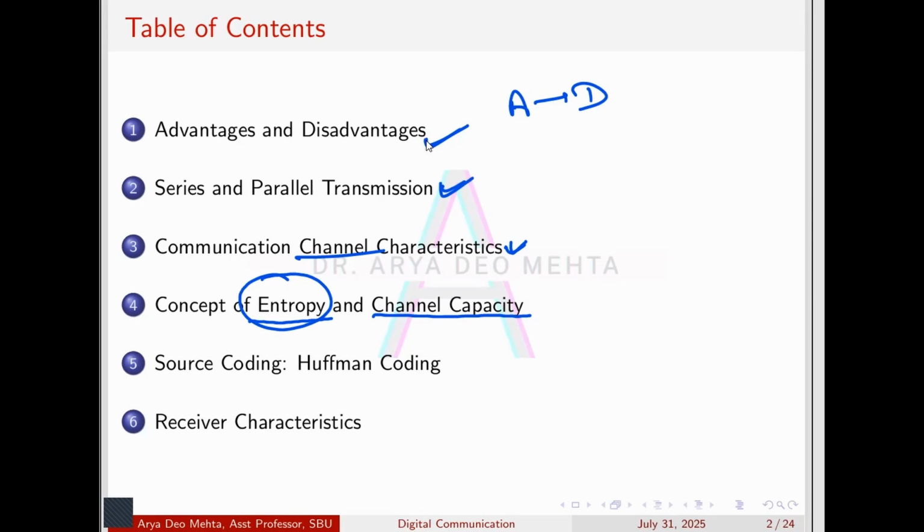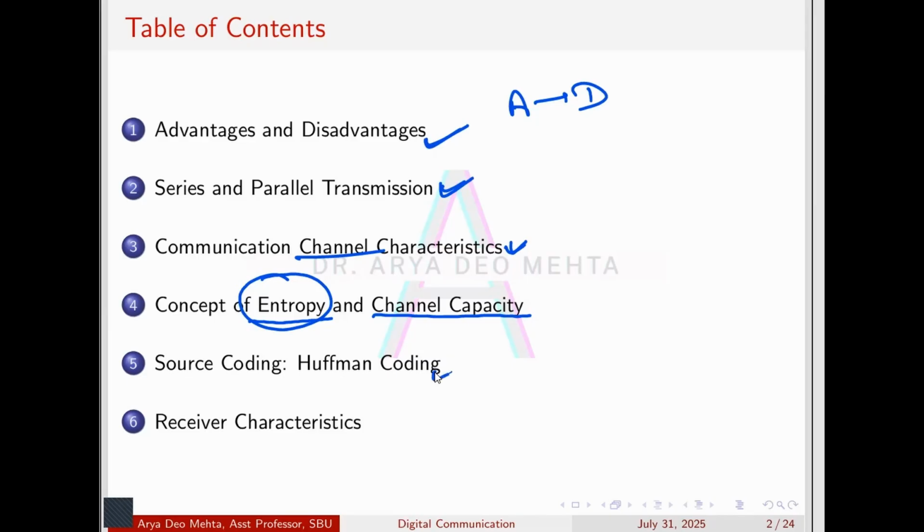We'll see this in terms of information. It is a very detailed and mind-teasing discussion. The thing is that data and information are different, and we'll discuss that when we cover this.